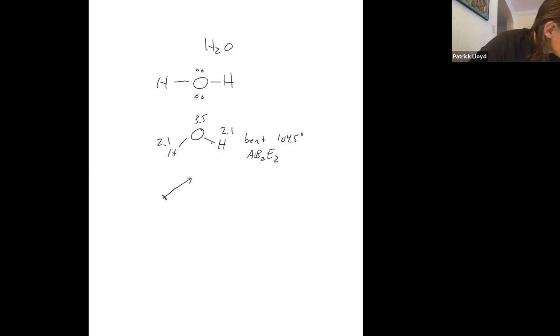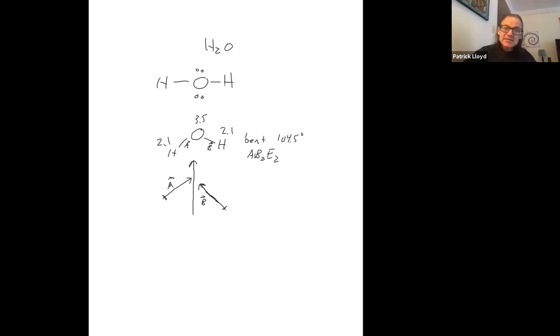This one here, though, is also going to have, so let me call this bond A and bond B, the same magnitude as the other one. It's just pointing in a different direction, but it's not an opposite direction. And that's the important point here. They're not opposites. Opposites would be pointing directly at each other. These both are going up.